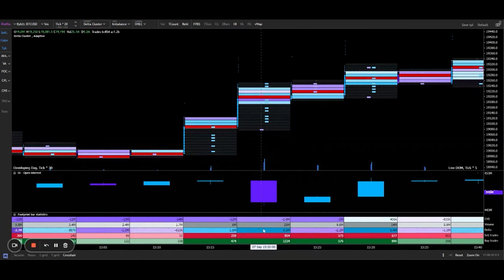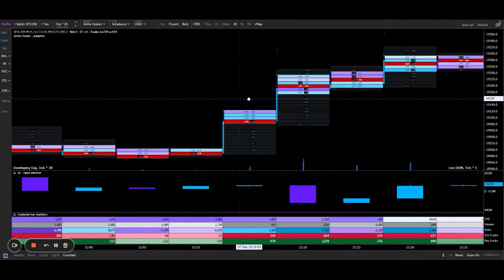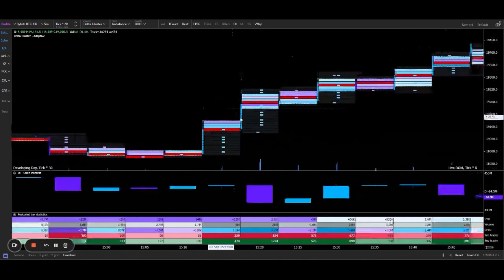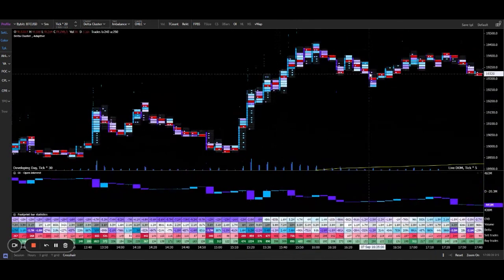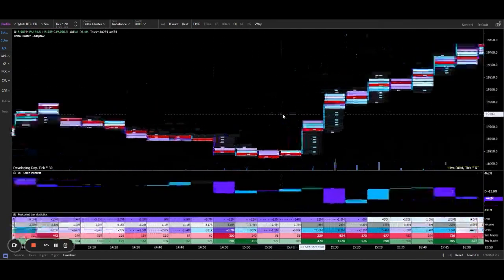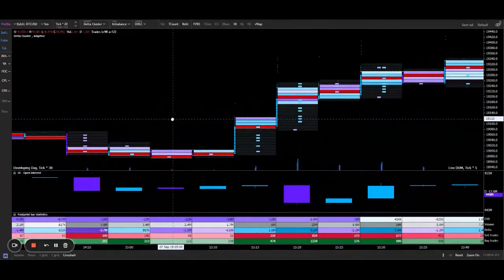You can see the following candle, we had a very, very nice increase in volume along with even more delta. So if you just spotted this candle within the trend, you would have had a pretty nice scalp of an up move here. And so again, that's just looking at the value area, and really only looking at the value area.